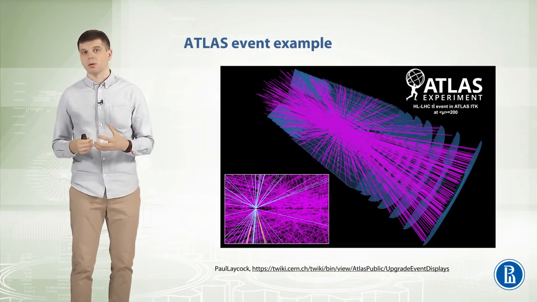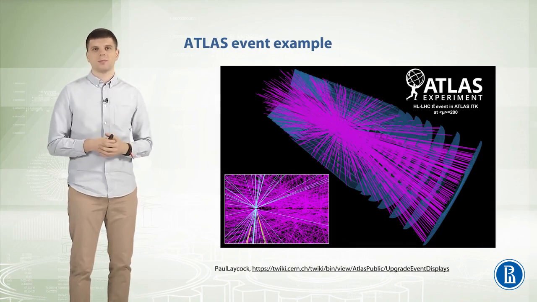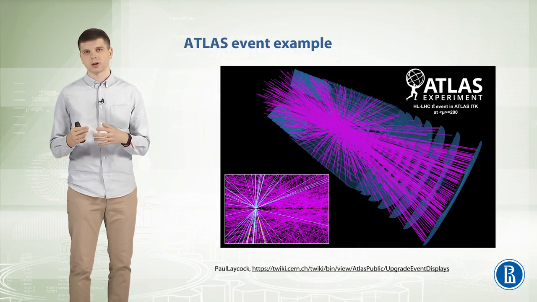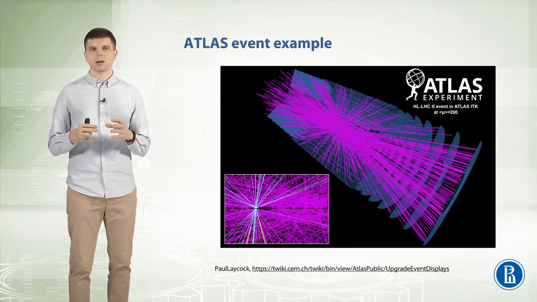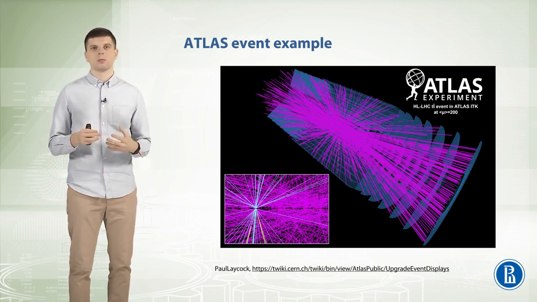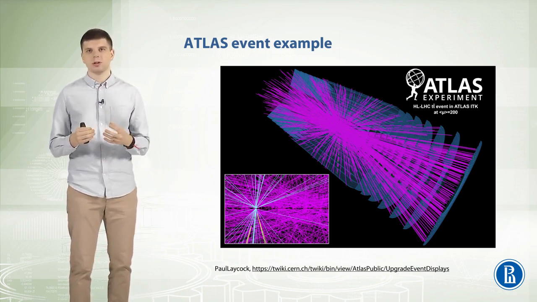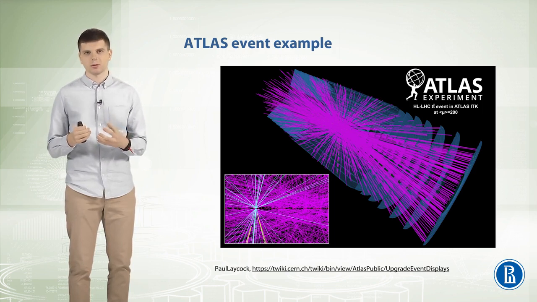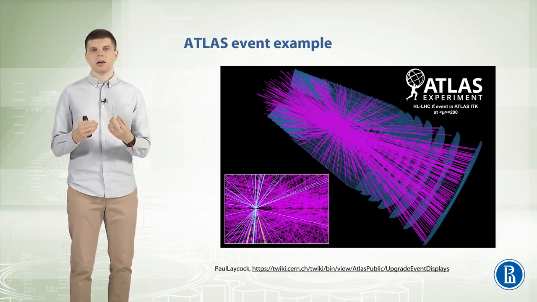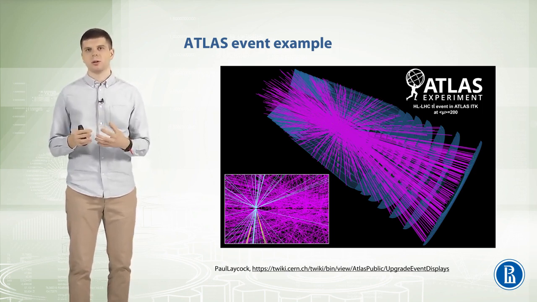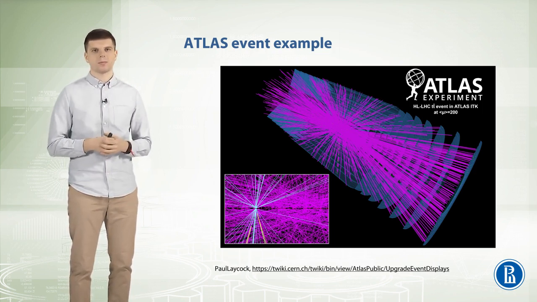The second example is the ATLAS detector. It has a cylindrical shape and registers particles in all directions. Each event has about 1000 particles from a proton-proton collision in the collider. The detector provides high precision of particle detection and it's able to recognize decays with a lot of daughter particles.